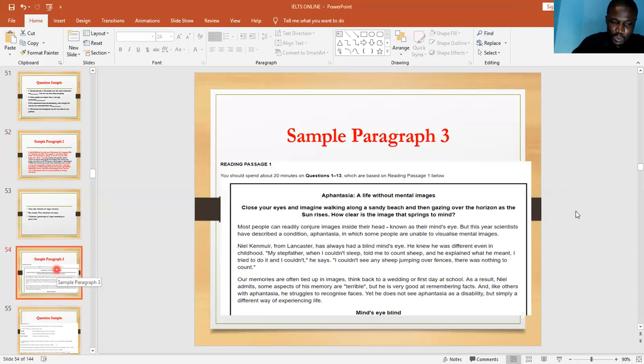He said most people can readily conjure images in their head, known as their mind's eye. But this year, scientists have described a condition, alphantasia, in which some people are unable to visualize mental images.